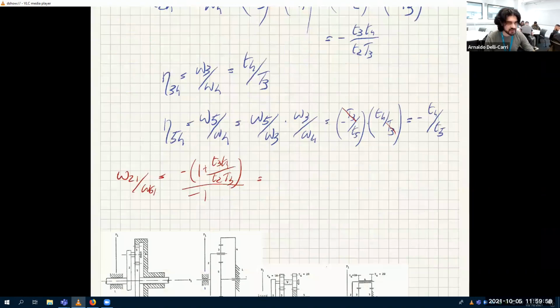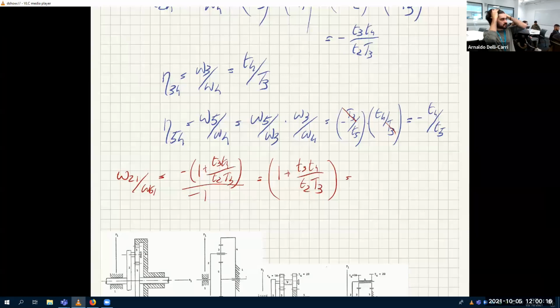That number is, guys, can you do this calculation for me, please? This is 1 plus T3 T4 divided by T2 T3. Can you do this for me? As you can see, this has no units, because it's a ratio. I'll do this myself.